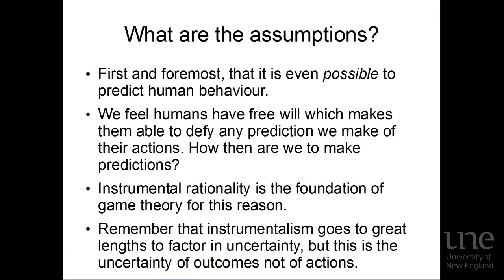Now, we feel humans have free will, which makes them able to defy any predictions we make of their actions. How then are we to make predictions? And this is a problem we came to in the very first few lectures, and again in the second lectures, although I think Kant deals with free will better than the instrumentalists do.